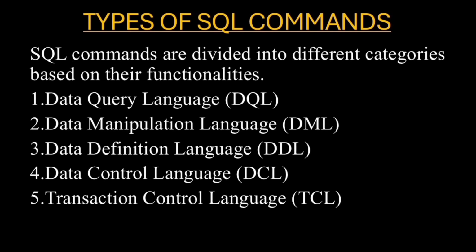Commands like grant and revoke allow us to control who can access or change the data, ensuring data security. Coming to Transaction Control Language or TCL commands, these come into play during a transaction. For example, when withdrawing money from an ATM or making an online payment, all the commands involved in managing a transaction in a database come under TCL commands.